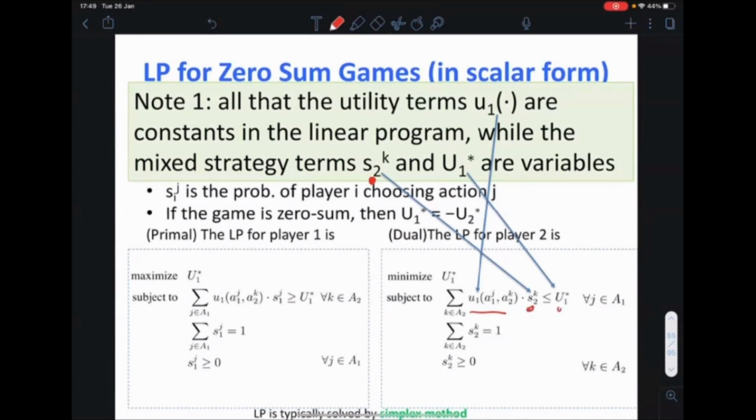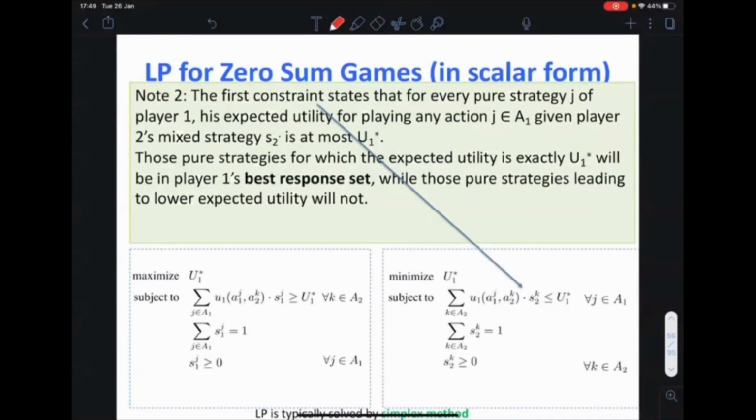And also this U is the one you try to minimize, basically the value of the game, right? From this player's perspective, you want to minimize that, this is the dual, then try to find the upper bound. You want to minimize that upper bound.